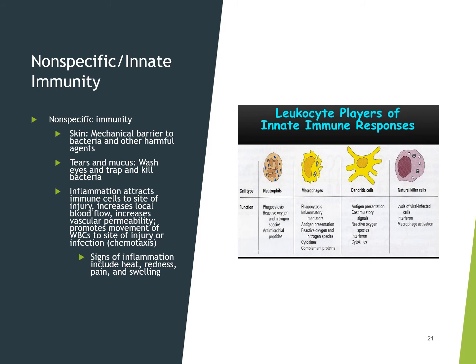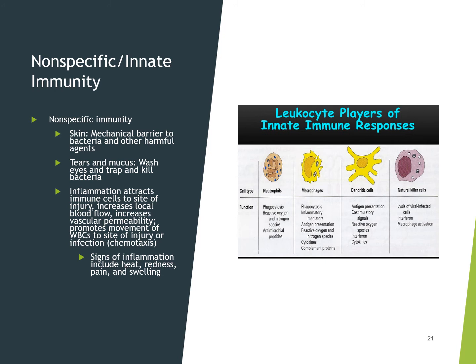Those cytokines are going to trigger white blood cells to come to that area where there is danger. So the white blood cells are attracted to the cytokines and they respond.